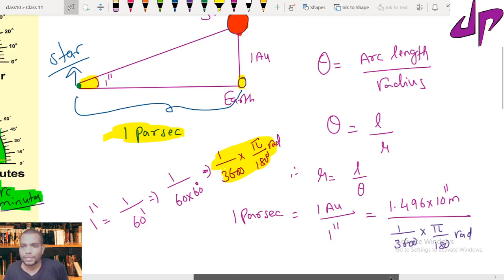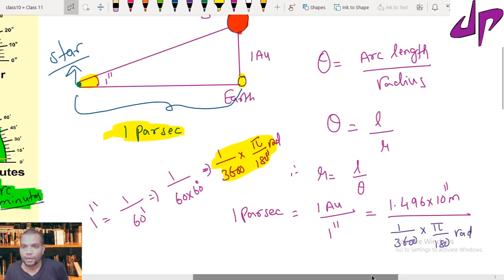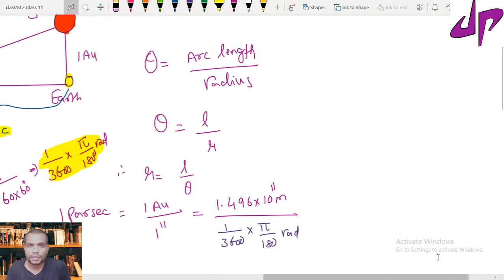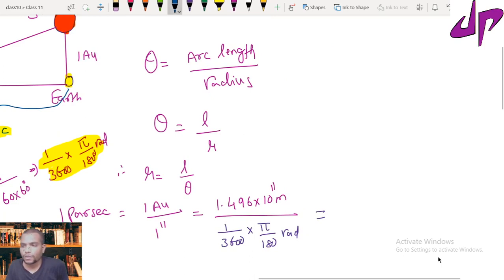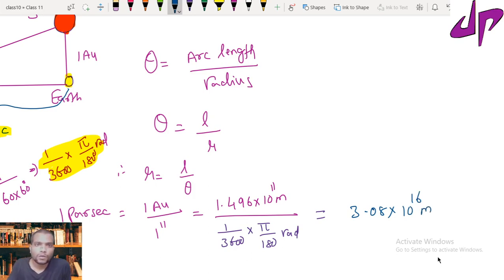And if you do this calculation, we get a value, 3.08 times 10 power 16 meters. So we define 1 parsec as 3.08 times 10 power 16 meters, which is the largest measuring length.